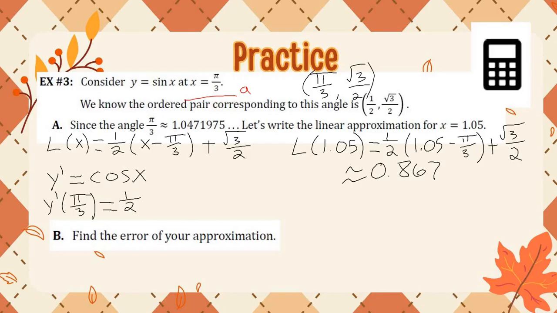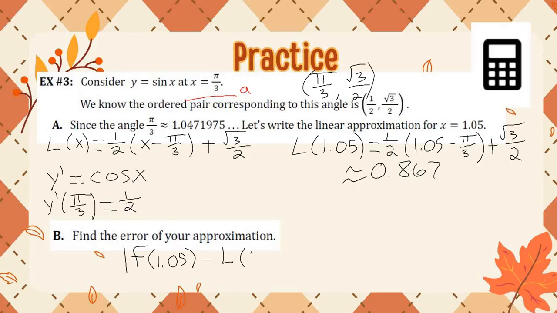So then, my next part asks us to find the error of our approximation. What do you think? So what would I need? The exact value. So I have the absolute value of f of what? Which in this case we found it was 1.05. That's what we used to approximate.